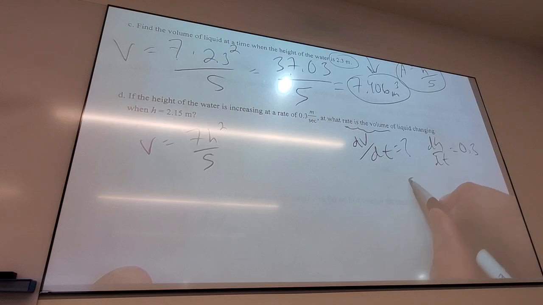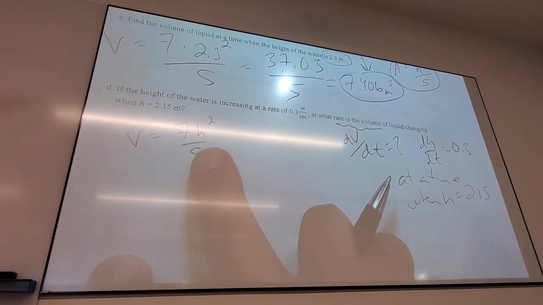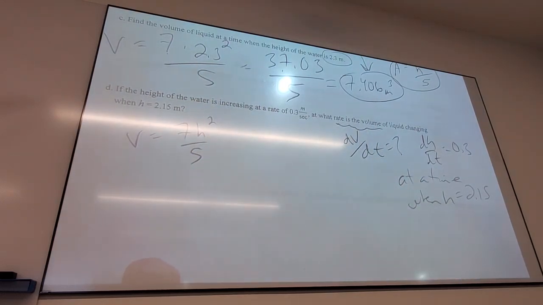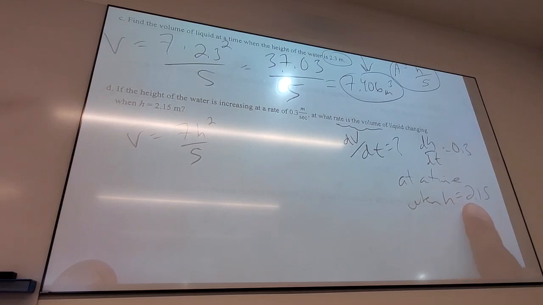And I tell you at a time when H is 2.15. Yeah. So another mistake people made was they plugged that in too early. If I plug that in, I'm going to get a number. What's the derivative of any number? Okay, that sucks. So I cannot plug the snapshot in until I've taken a derivative.